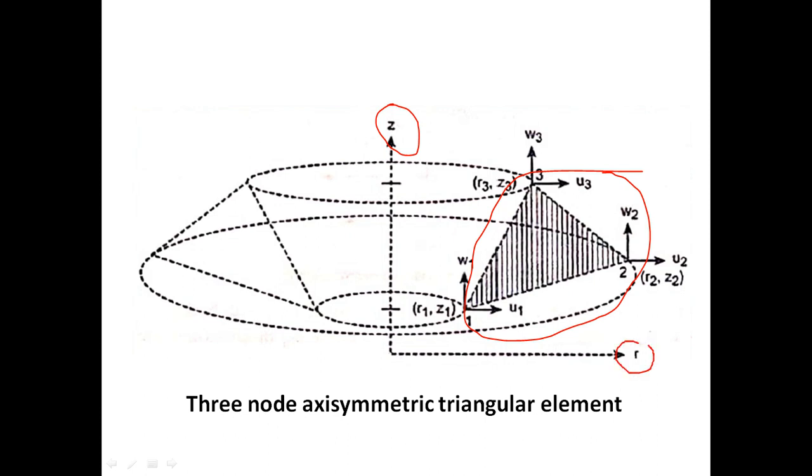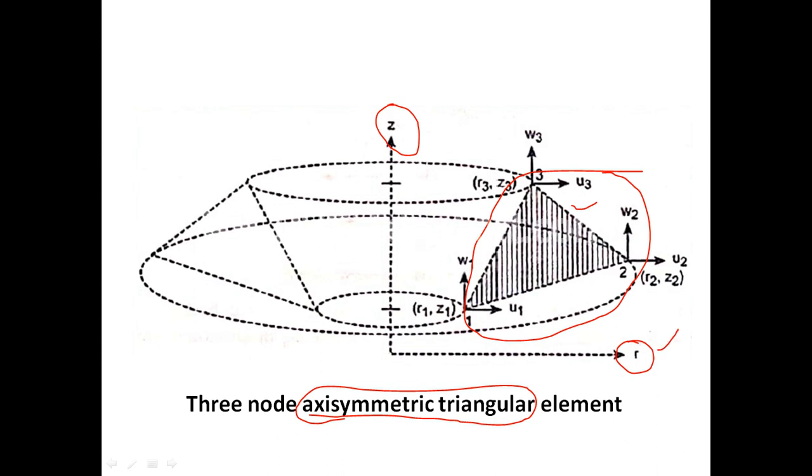The triangular element which is represented in the r and z coordinates is called an axisymmetric triangular element. That is the basic rule.